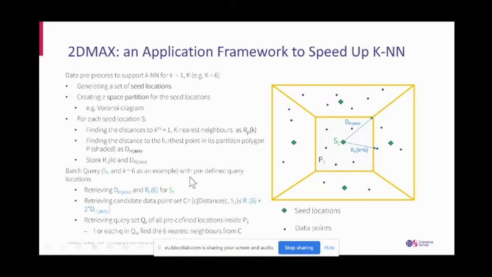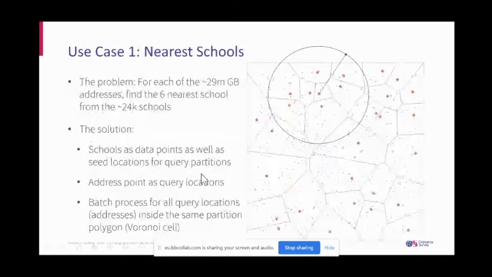And then subsequently, we can perform queries. For example, if we know all the query locations beforehand, we can use this polygon to retrieve all the query locations, and then subsequently use the corresponding d_max and the RP to retrieve the data points there only once.